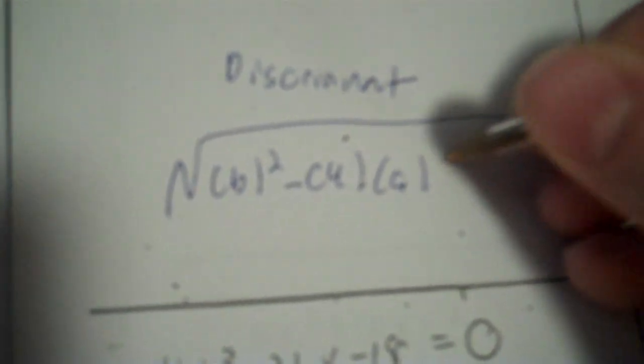So b squared minus 4ac. So b is negative 47, a is 5, c is negative 156. So I put in the minus, negative 47 to the second. It's going to be a pretty big number. Okay, 2,209.